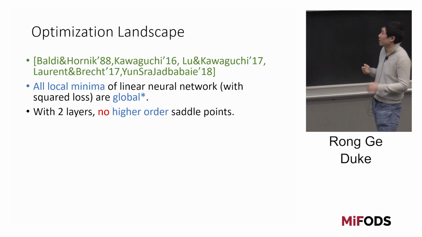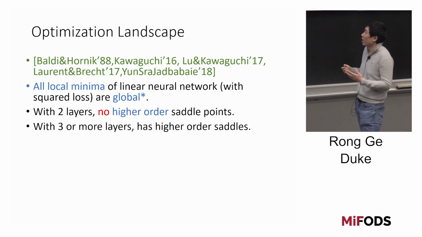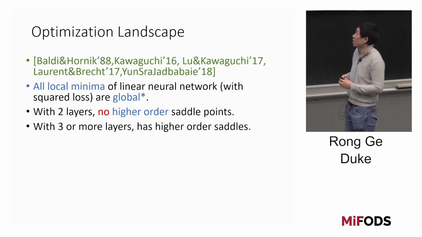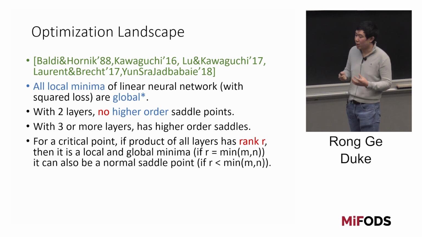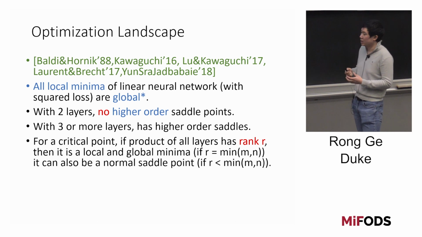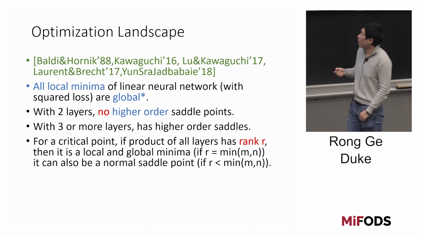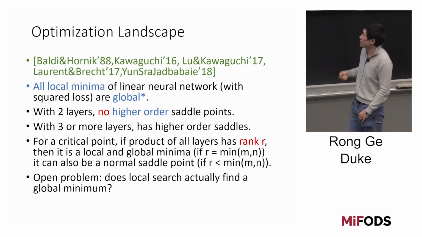There are no higher order saddle points. With 3 or more layers, the objective function can have higher order saddle points, and that is a problem in optimization. And people also know something about critical points. If the product of all layers has rank R, which is the maximum possible rank you can achieve, then it is locally and globally optimal or a saddle point.